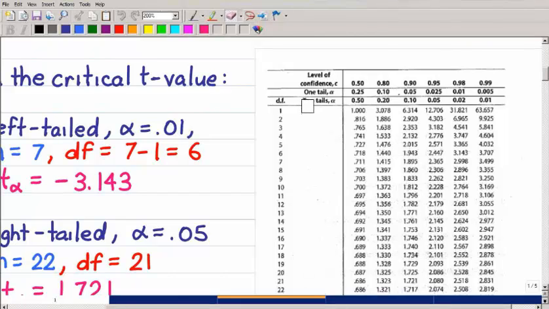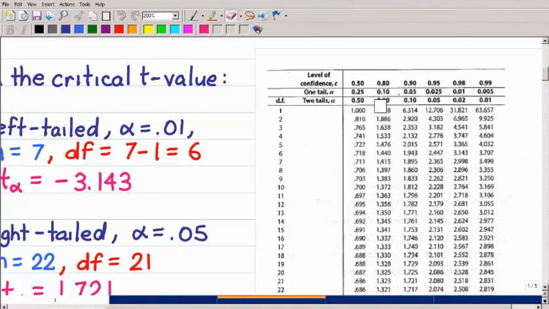Now, two-tailed is the bottom row. Whatever number we find will always have a plus and minus. In other words, our decision will be to reject if your test statistic is less than the negative or greater than the positive.